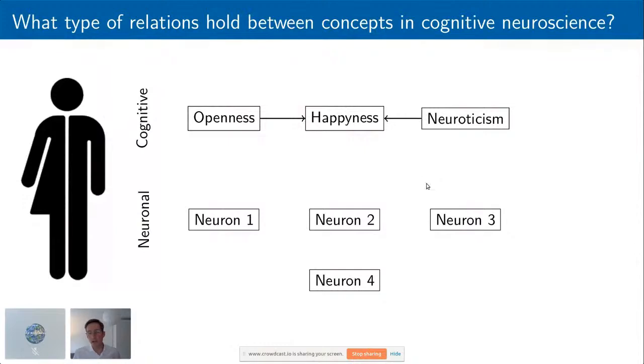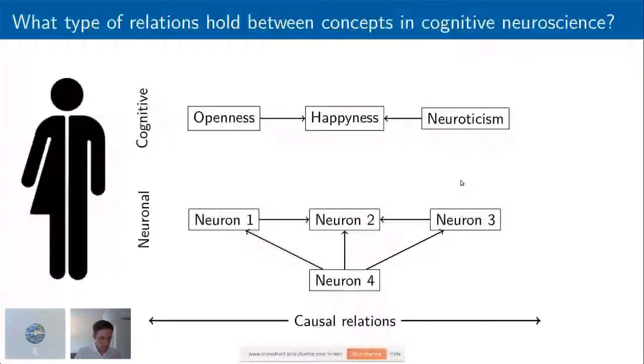And on the neuronal level, I think that is pretty similar. We say, well, neuron 1 firing might cause neuron 2 to fire, and so on. So I would claim that in cognitive neuroscience, at least, relations within each of these levels are of a causal nature. And that has some interesting implications. So that means that these different concepts like openness and neuroticism must be separate.